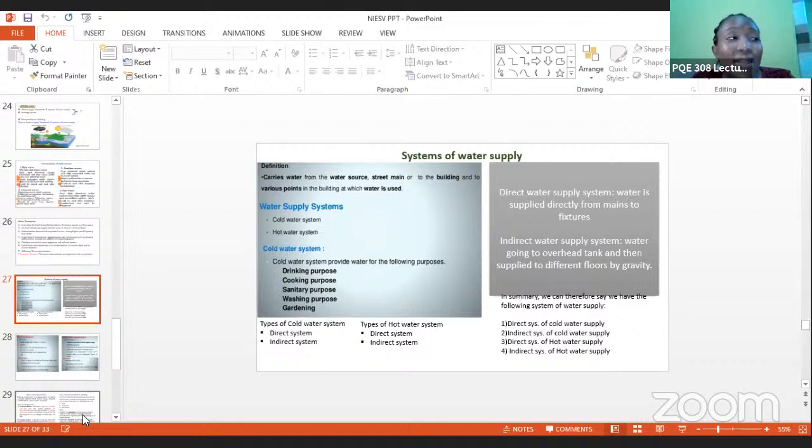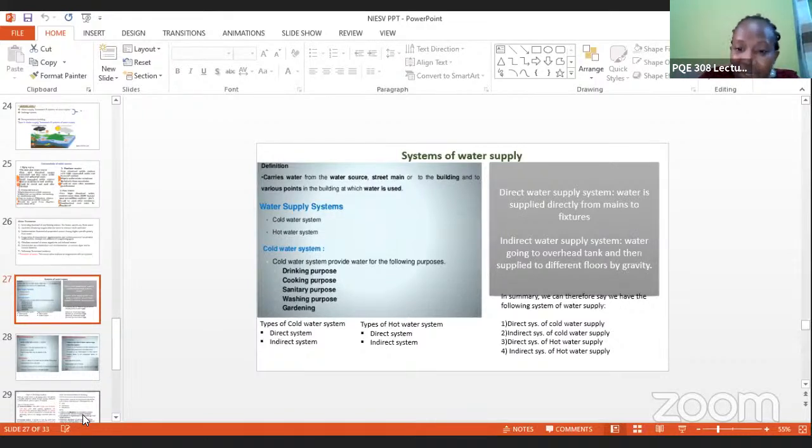Hot water supply system, so that at least you have a boiler that will be boiling up the water, softening the hardness, preventing your pipes from being clogged, preventing your pipes from being blocked, preventing your pipes from bursting. So this is mainly used in areas where it has been confirmed that they have water hardness.